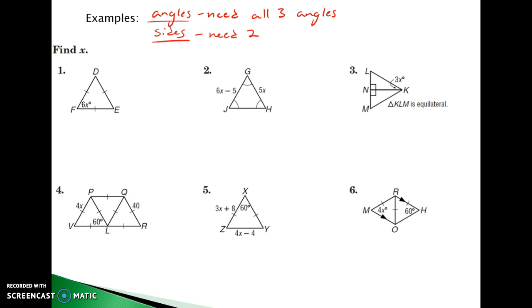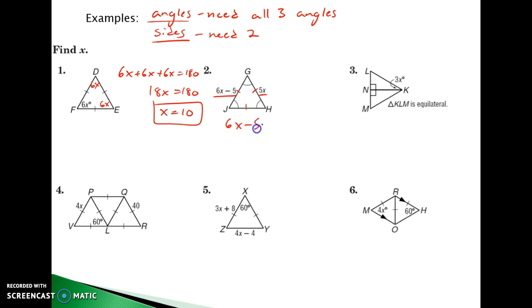So for example 1, if this is 6x and this is 6x and this one's 6x, because all the angles are the same. Therefore 6x plus 6x plus 6x equals 180. 18x equals 180. X equals 10. Number 2, I'm dealing with sides. So I only need 2, because these are going to be all the same.